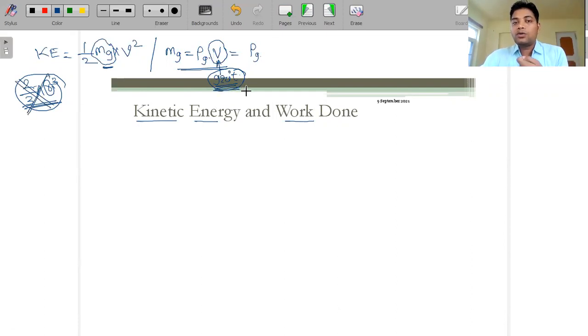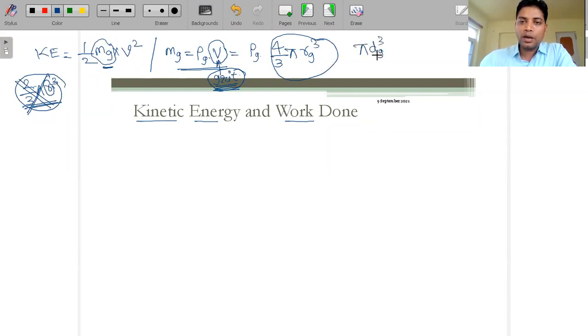Now how do we calculate the volume for the grid? The diameter is given to you. This is a sphere in nature, which we have already discussed in the assumption part. So this will be equals to 4 by 3 pi into r cube in terms of radius. Or if I convert to the diameter, then this can be written as pi dg cube upon 6.